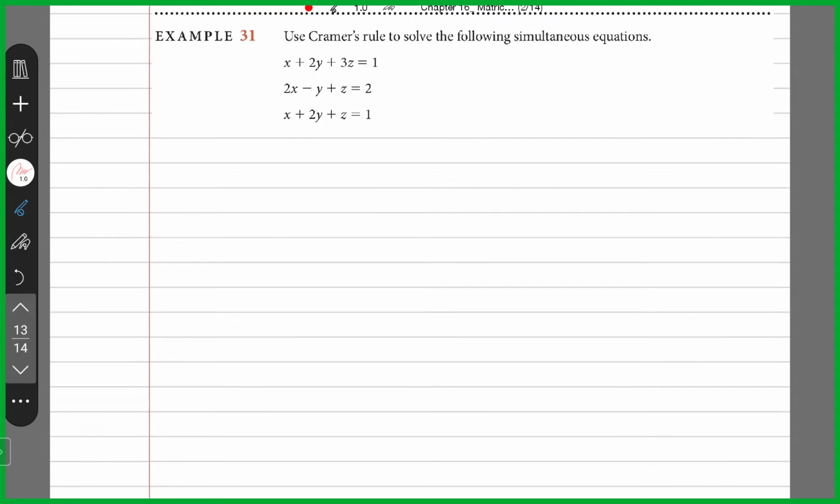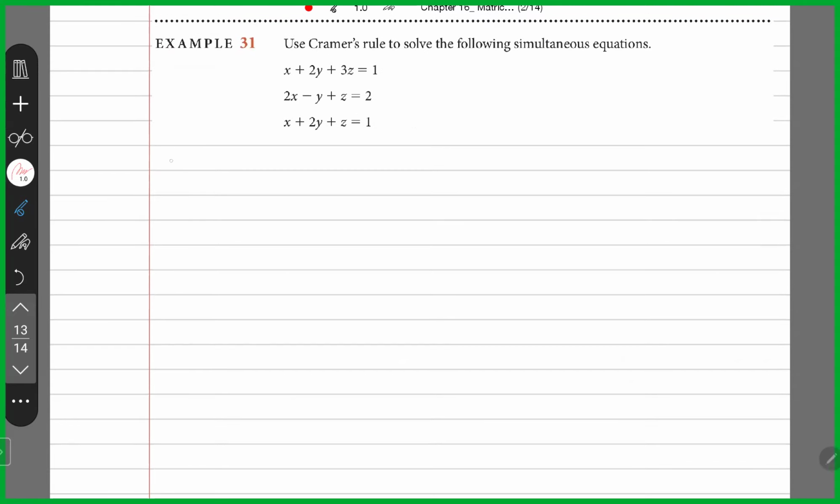All right, so for 31, first thing, the coefficient matrix. The coefficient matrix, we have 1, 2, 1, 2, -1, 2, 3, 1, 1.